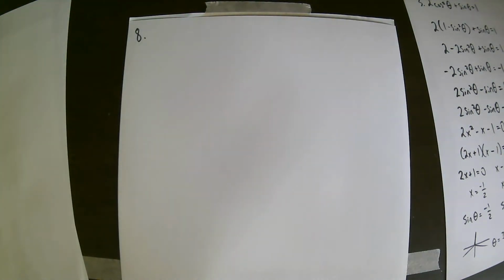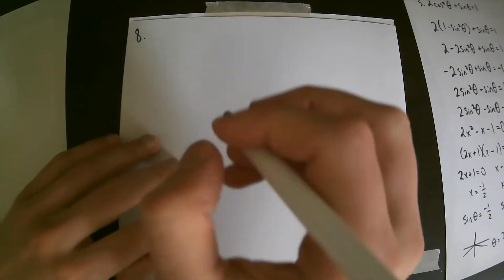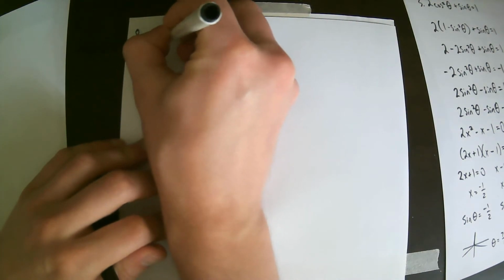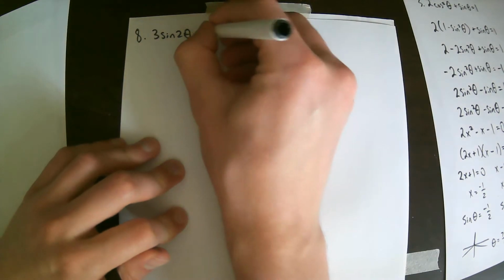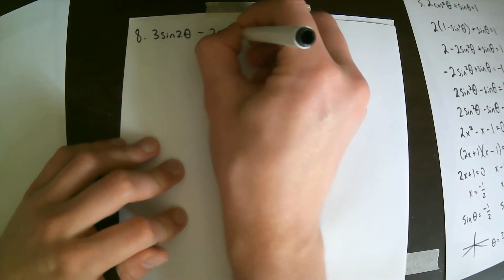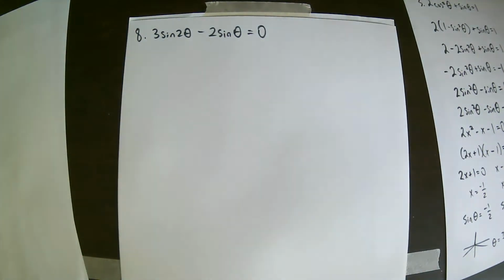Okay, number 8 says 3 sine 2 theta minus 2 sine theta equals 0.